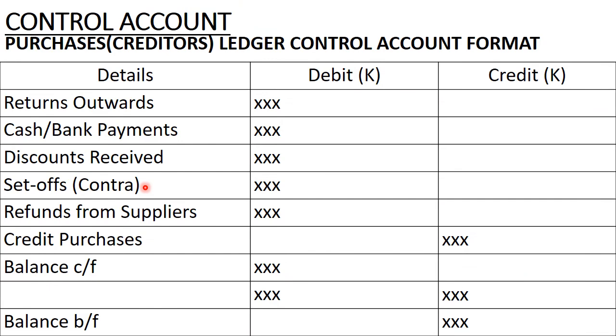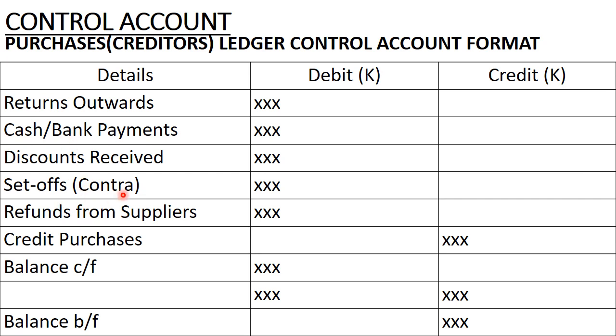Then they also buy something at 5 kwacha, right? Let me say that again. A business sells something at 20 kwacha on credit and buys something at 5 kwacha on credit. So instead of receiving the 20 kwacha and paying the 5 kwacha, they can just cancel, 20 minus 5 is 15 kwacha, and then they receive the 15 kwacha.